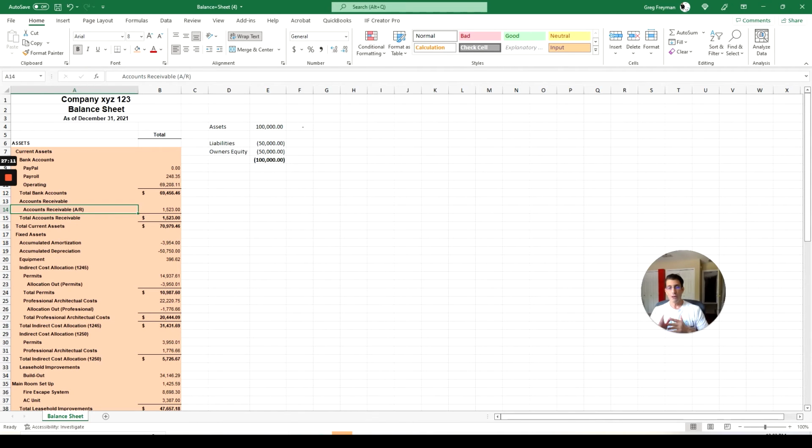And without looking at things like accrual basis of accounting, which would be to bring in accounts receivable, accounts payable, prepaids, all these things that deal with accrual basis, we're basically not giving you anything much more than what's coming and going from your bank account, or what we call cash basis reporting.